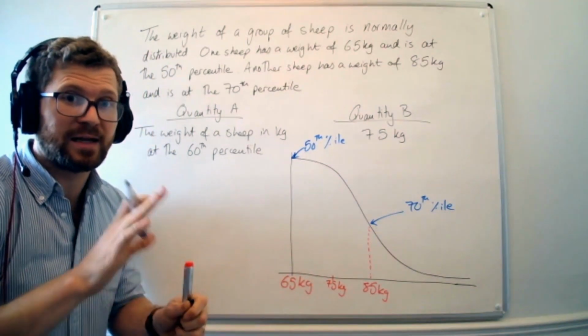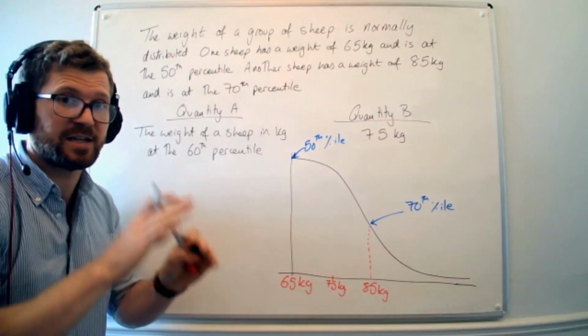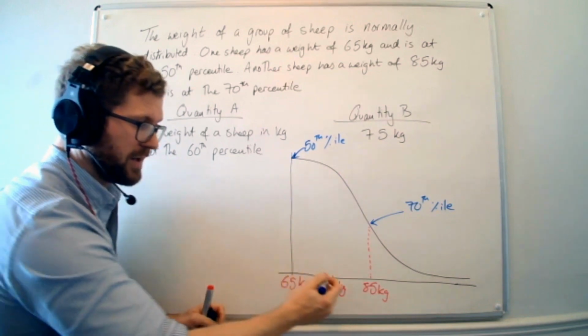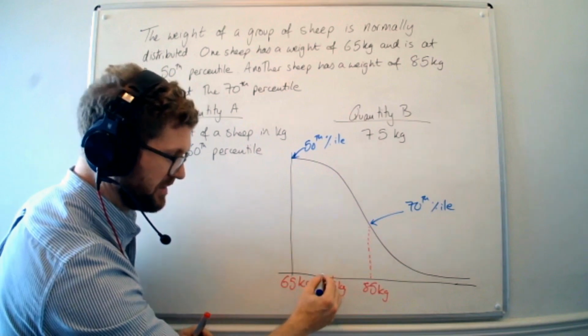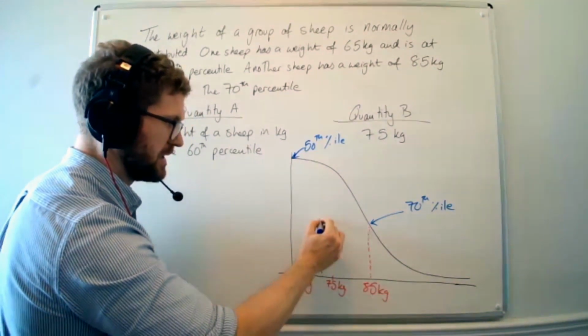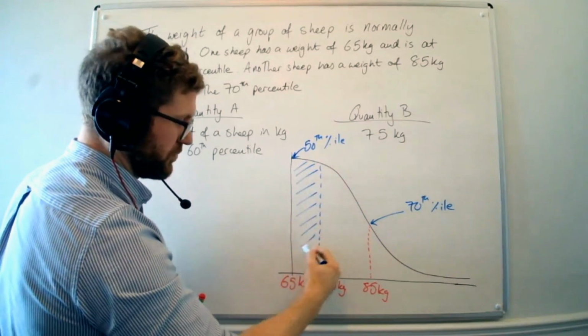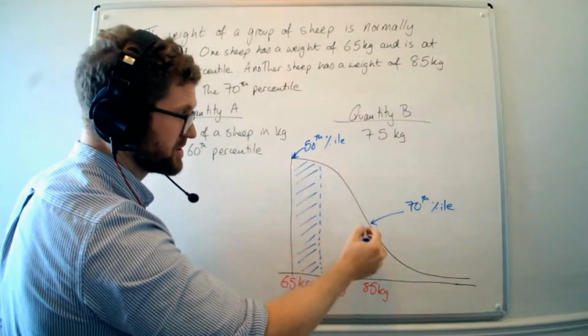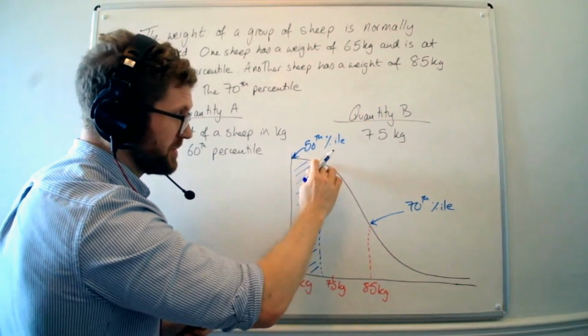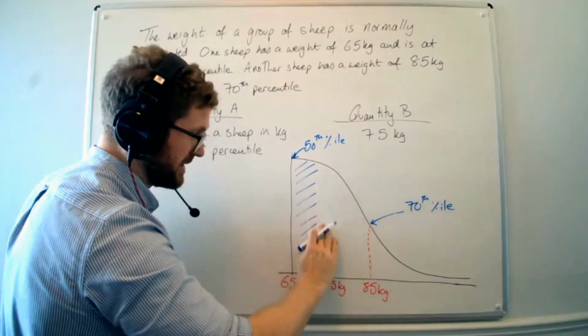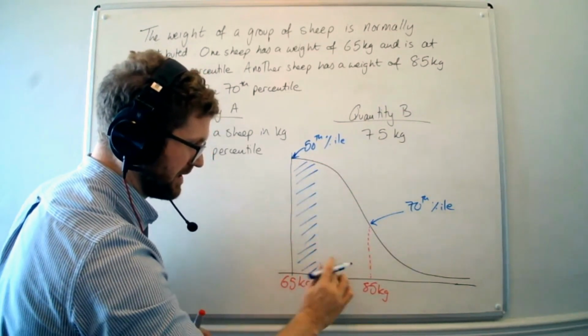I don't know where the line is going to go. That's part of this. I can't be precise, but I know it's to the left of the 75. Because if I put a line in there, roughly, again, because this is a curve, maybe it should be a little bit further to the right just to make this clear, so I'll move it a little bit further.